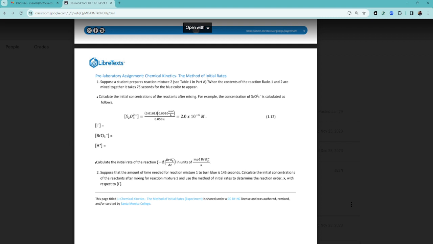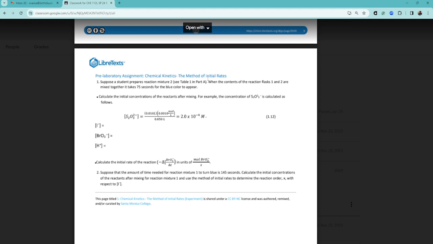Now calculate the initial concentration. So how do we calculate the initial concentration of all values involved? We're going to use our dear friend M1V1 equals M2V2, so we want to find our new M2. They show an example calculation for S2O3.